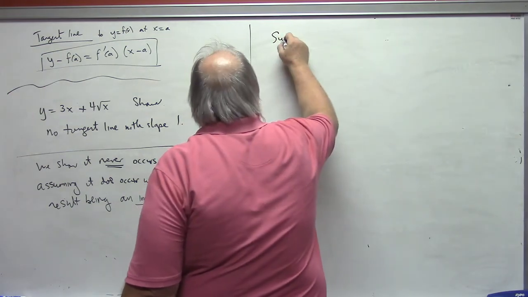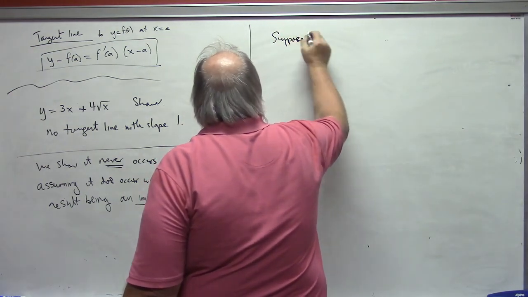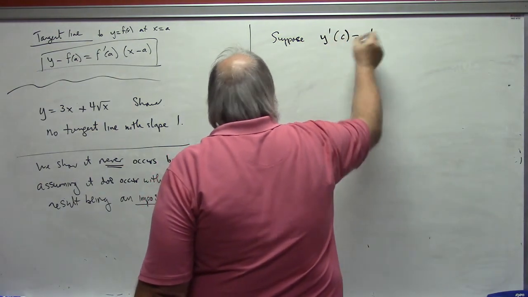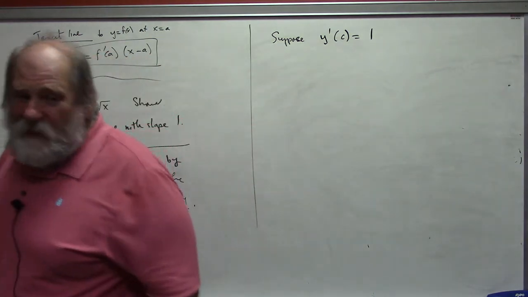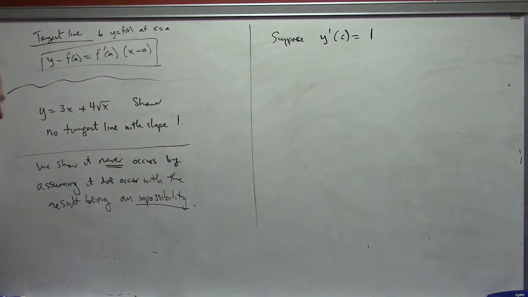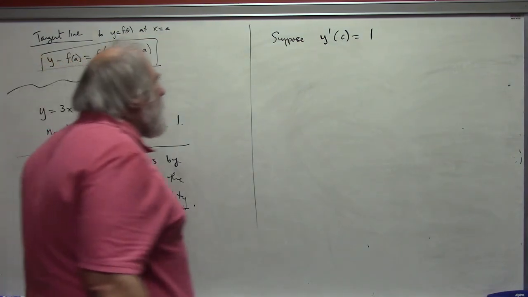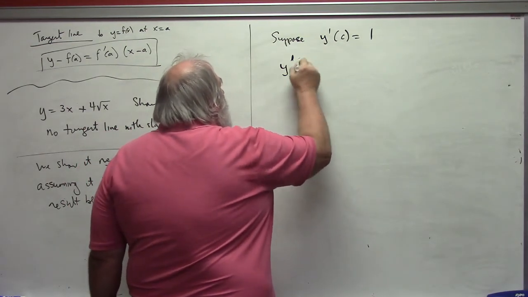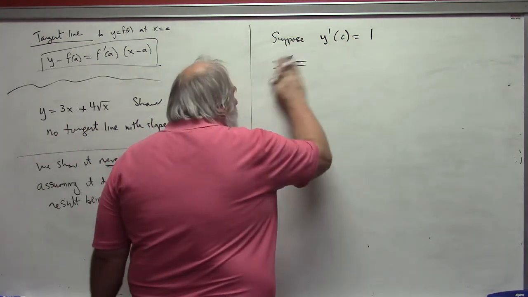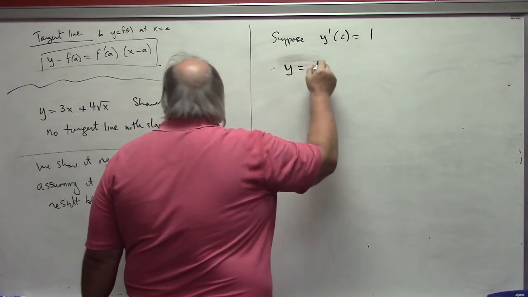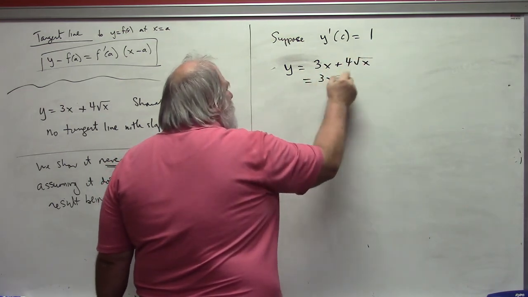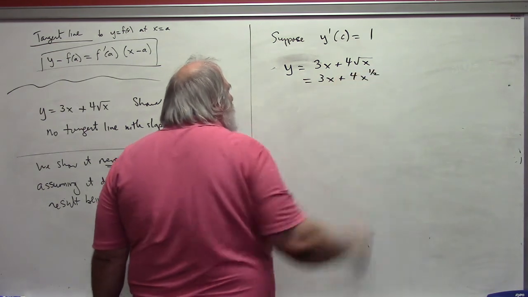Let's suppose that the derivative at some value c is equal to 1. I don't know what c is. I don't really care. I'm just going to assume that the derivative does equal 1 at some value. And so first I need to find the derivative. Let me rewrite the function. y was equal to 3x plus 4 square root of x, which is the same as 3x plus 4x to the 1/2.